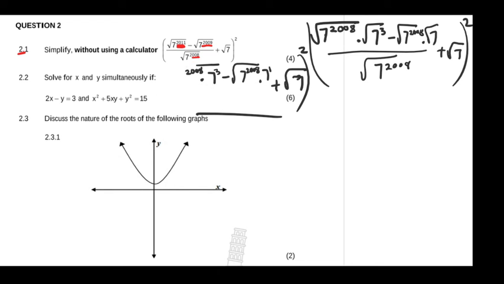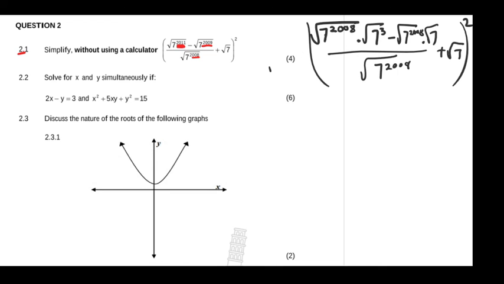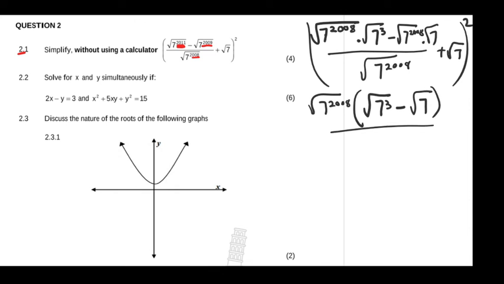So yeah, then from here, this is what we're going to do. So we're just going to factorize the 7 to the power of 2008. So I'm going to say the root of 7^2008 into what remains, root of 7 to the power of 3 minus root of 7, and then divided by the root of 7^2008 plus the root of 7 all squared like this, right?